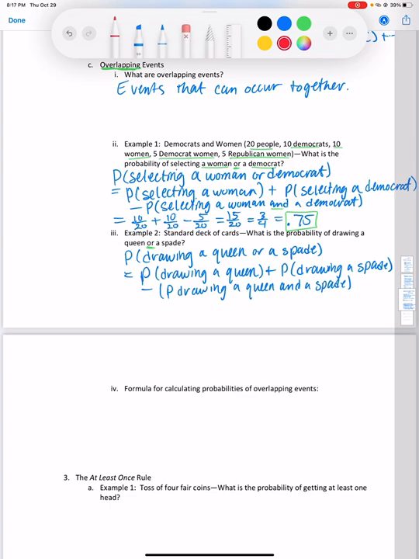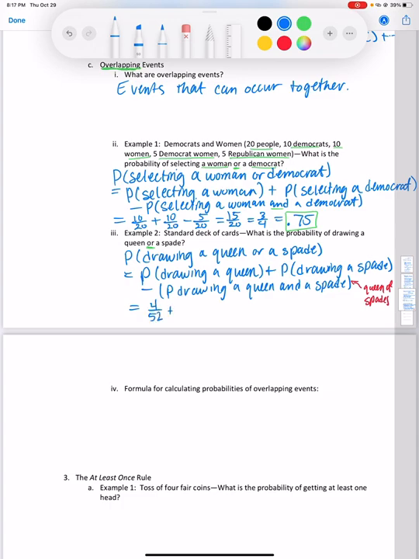Now this card right here is the Queen of Spades. Okay. So it's one card that can combine both of them together. So we have the probability of drawing a queen, there's 4 queens out of 52 cards.